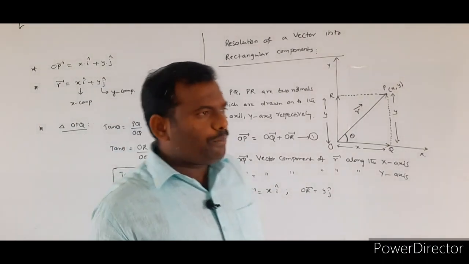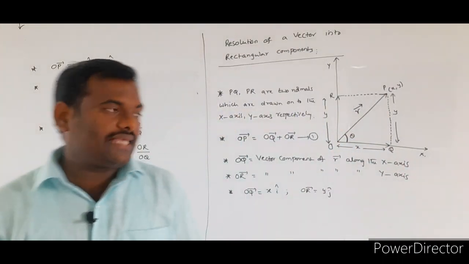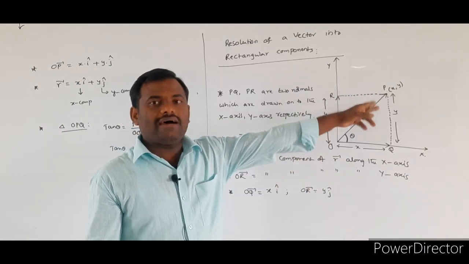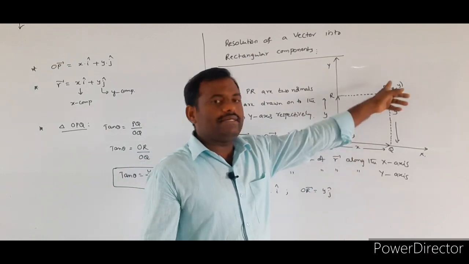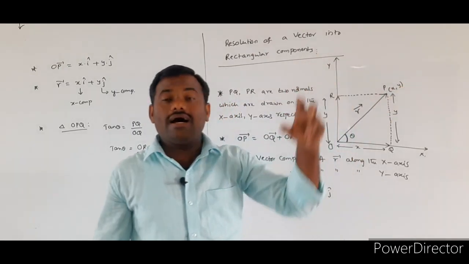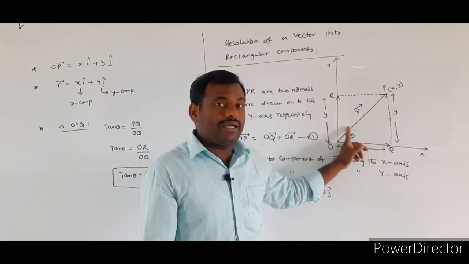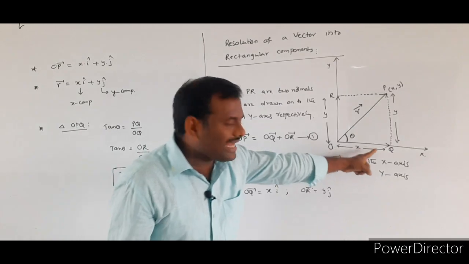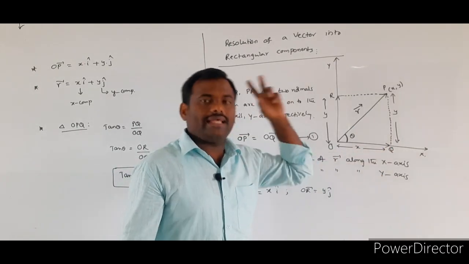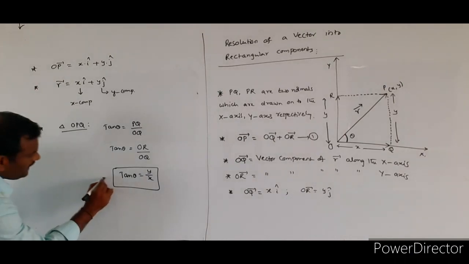By using that formula, what we have to calculate? If a point P of xy is placed in the given xy plane and r bar is its position vector, and they ask what is the angle made by the given vector r bar with respect to the x-axis, at that time we have to calculate the angle theta value.